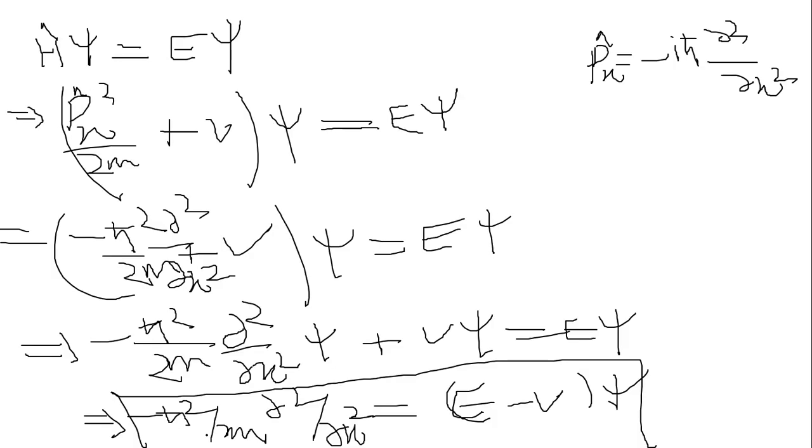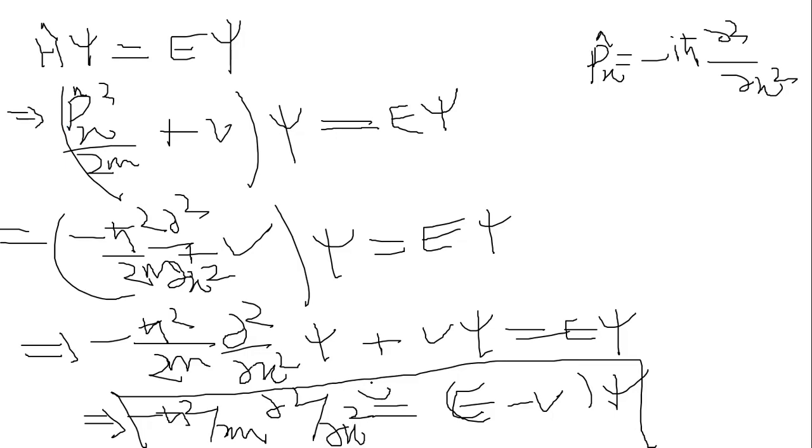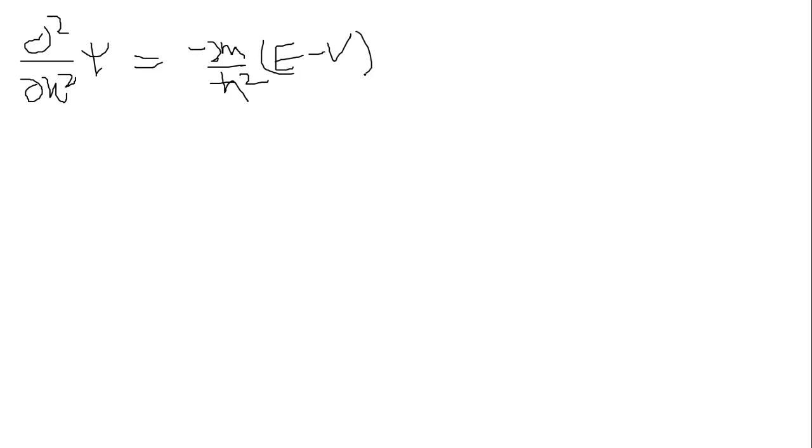Another form we can write: del square psi by del x square is equal to minus 2m by h cross square into E minus V psi.